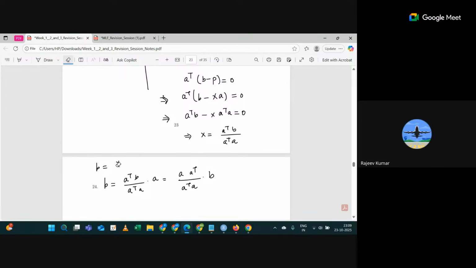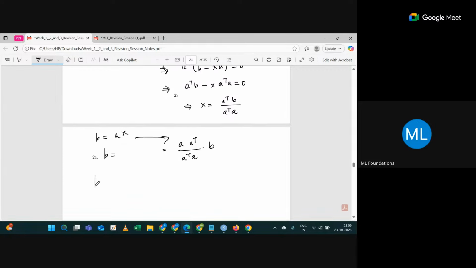If you are getting confused, let's write it like this, A X only. Now it should be clear. So this is the p.